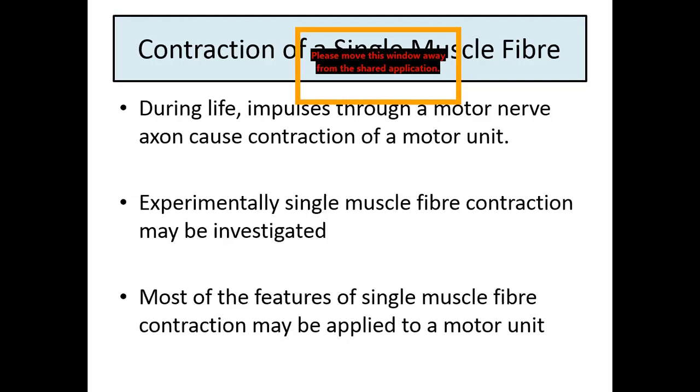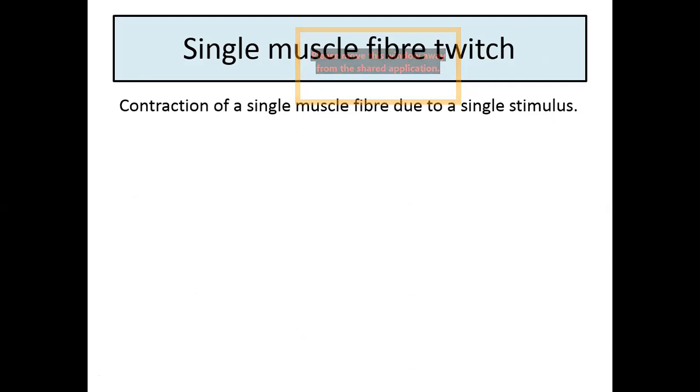So a nerve fiber with its axon, its axonal branches, and the muscle fibers it innervates forms a motor unit. The impulses through a motor nerve axon cause contraction of a motor unit. So in our body, impulses are sent to the motor nerve, that is the somatic nerve, and that will cause the contraction of the muscle fibers present in the motor unit. Now we'll see how the single muscle fiber contraction is seen experimentally.